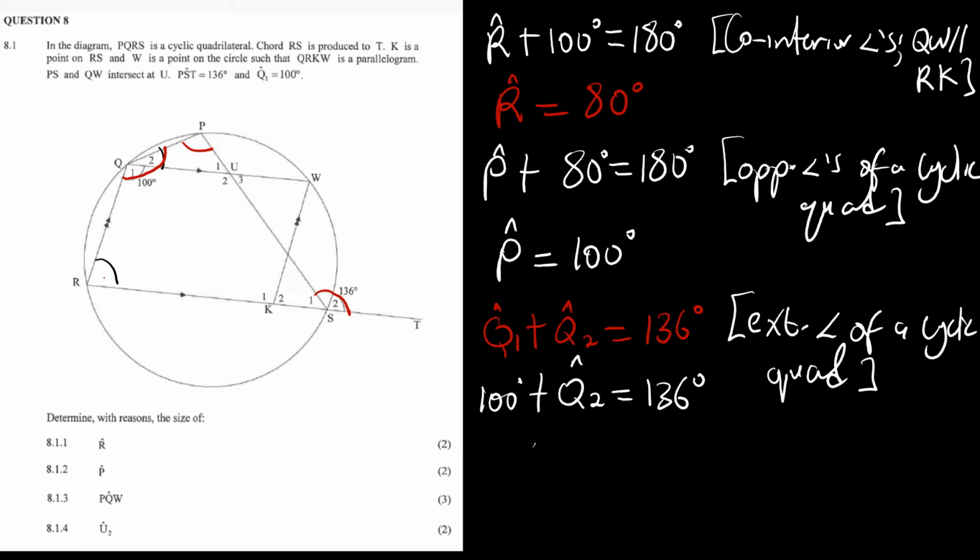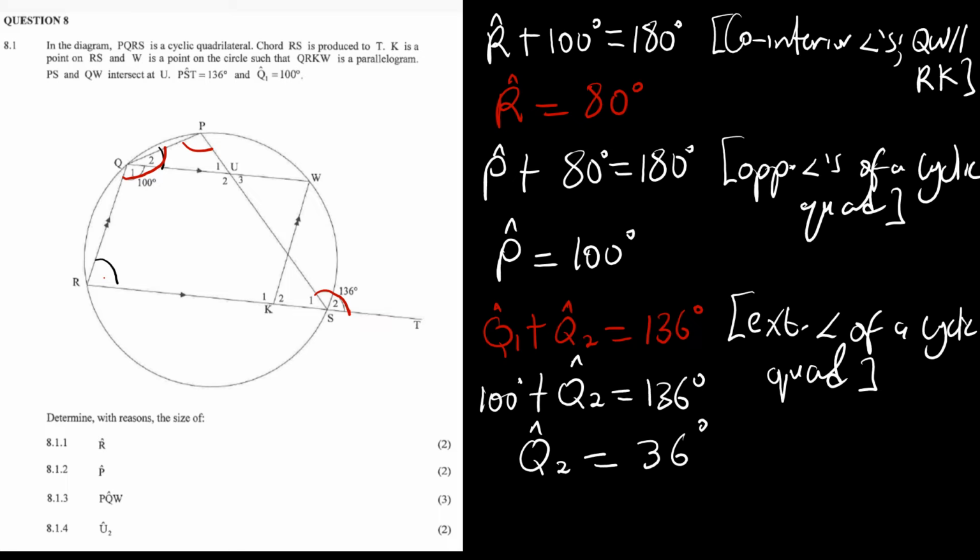So angle Q2 is going to be 36 degrees, not 360, because we subtract 100 degrees from 136. So that's our angle Q2, or angle PQW.